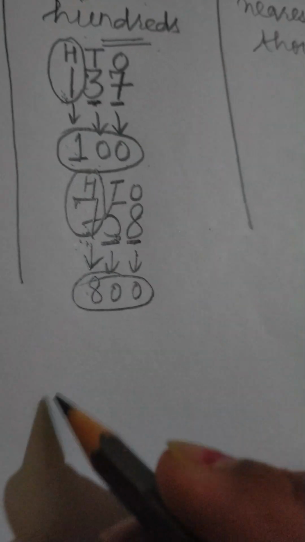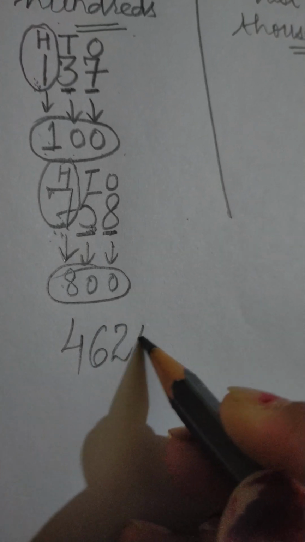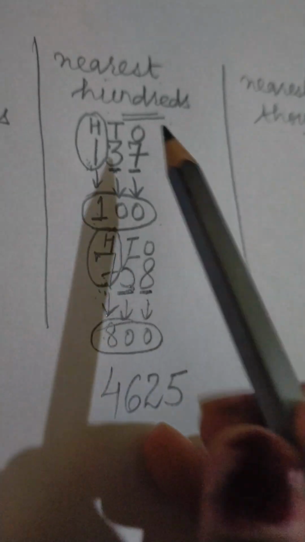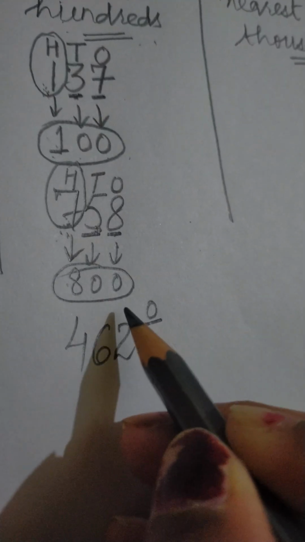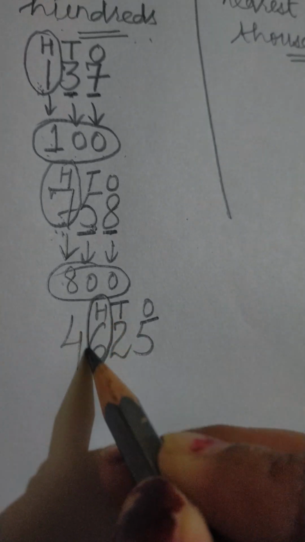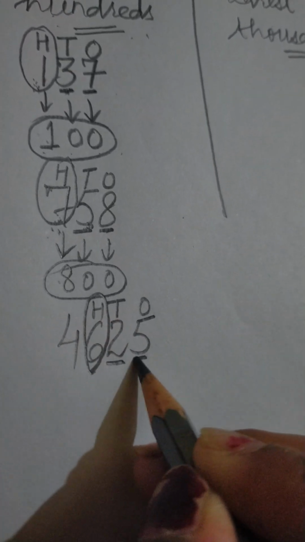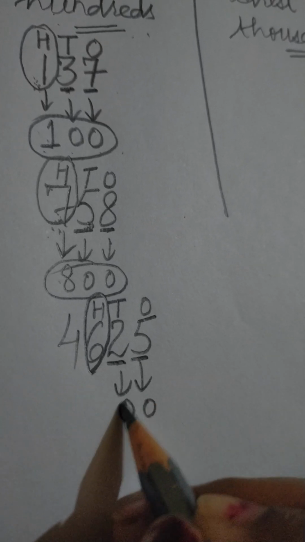Now see one more example. If we are given 4625, we have to round this off to the nearest hundreds. So ones, tens, hundreds. We have to round off the hundreds, and the other two digits will be underlined. Underlined digits will become 0.